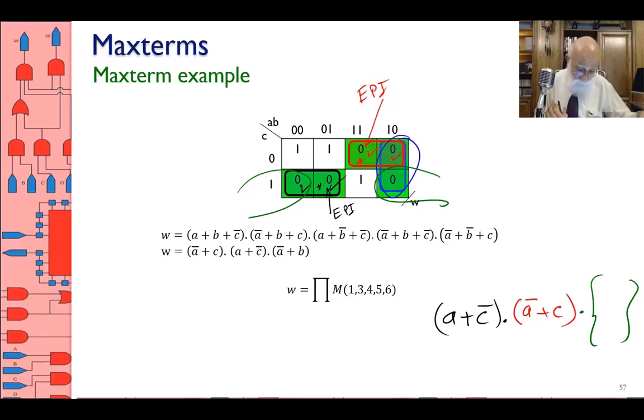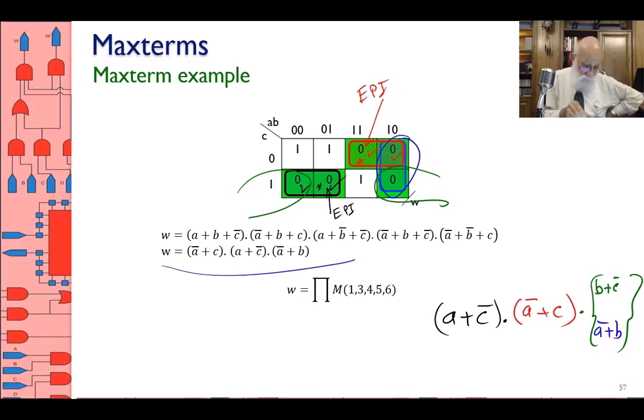No, B or C bar. Right. And the blue becomes A bar or B. Okay. And this is the solution I have here, but I have two alternatives.